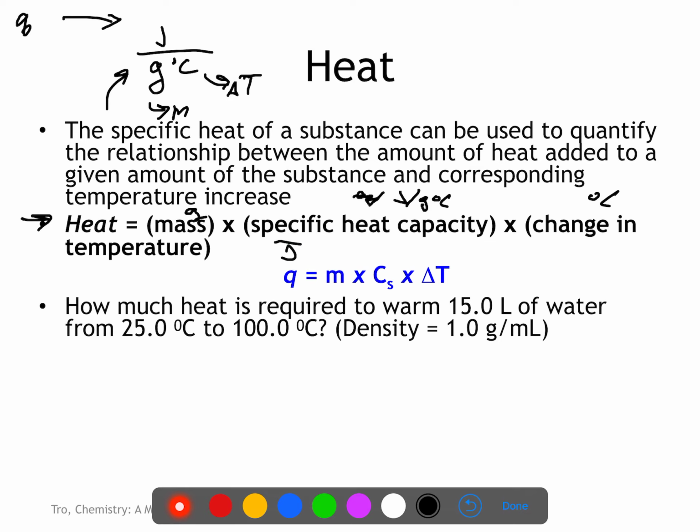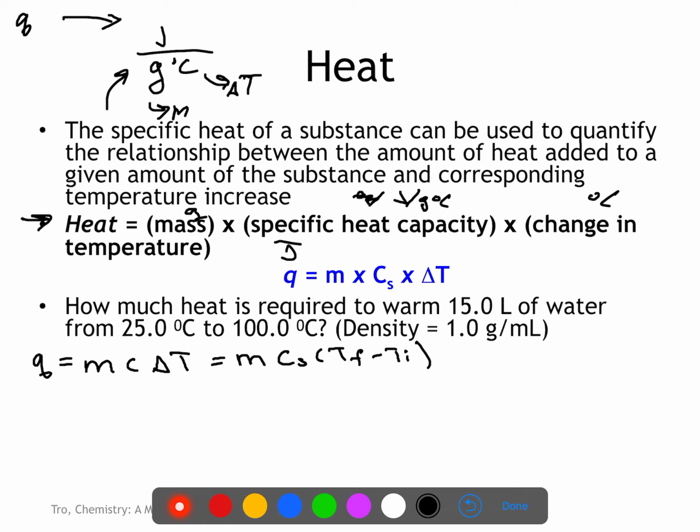Let's look at an example. How much heat is required to warm 15 liters of water from 25 degrees Celsius to 100 degrees Celsius? The density of water is 1 gram per milliliter. Well, I'm trying to figure out the amount of heat required. So I'm looking for Q equals MCAT, what I like to say: mass, specific heat, times final temperature minus initial temperature.